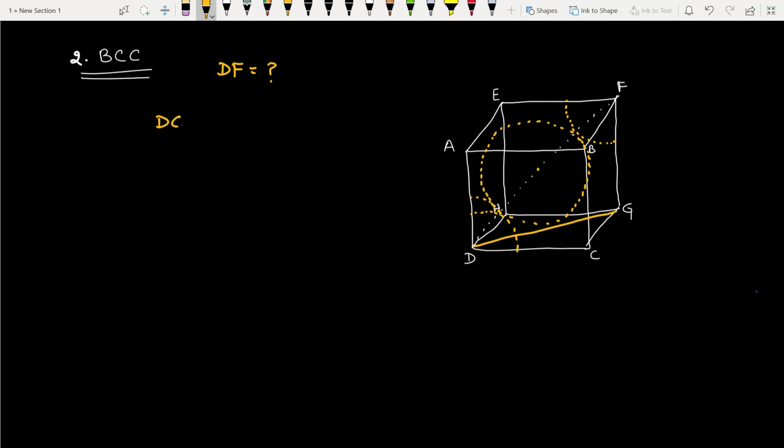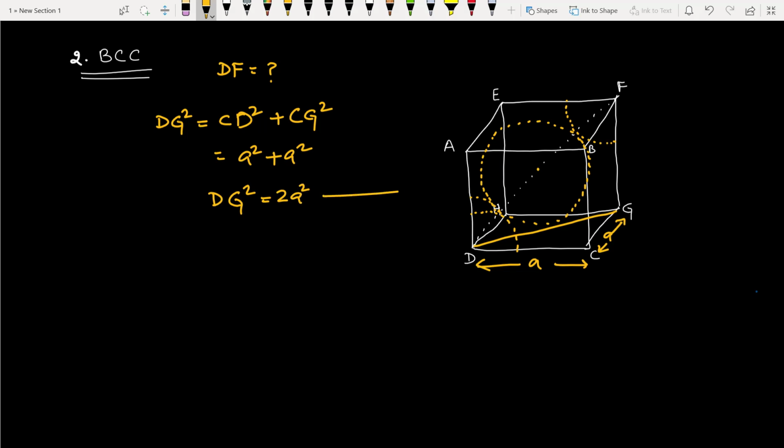DG square is equal to CD square plus CG square. So edge length is a. So it is a square plus a square. So DG square is 2a square.